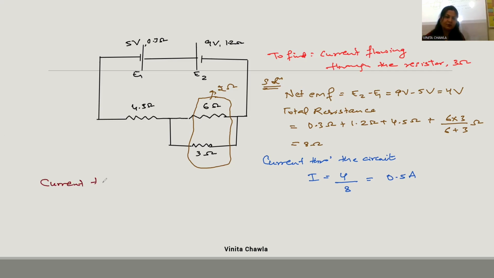Current through 3 ohm resistance. कैसे फाइंड करोगे बताओ? देखो इसके अक्रॉस आपका ये 6, है ना? एक तो ये कि आप डायरेक्टली फाइंड कर सकते हो. अब जो करंट जा रहा है, वो 0.5 एम्पियर सर्किट में से जा रहा है. ठीक है, अब 0.5 एम्पियर 2 ओम में से जा रहा है ना, तो इसके क्रॉस पोटेंशियल क्या होगा?